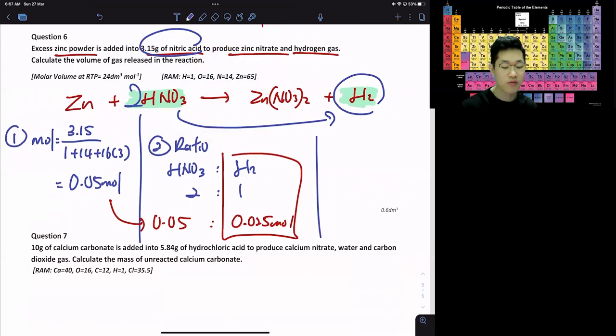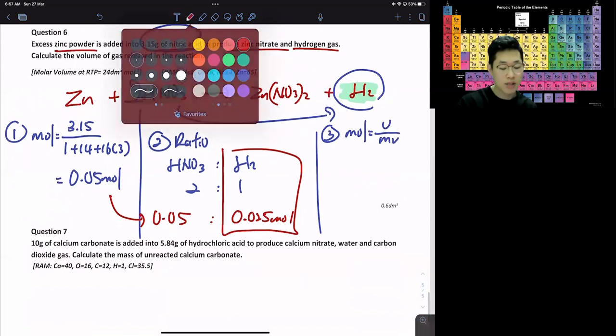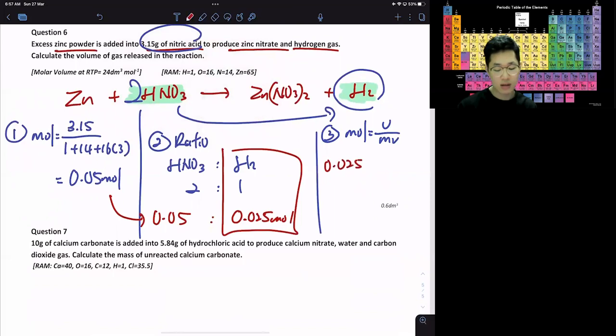The question wants us to find the volume, so we use the formula mole equals volume over molar volume. 0.025 equals V over 24, to get the answer 0.6 dm cubed.